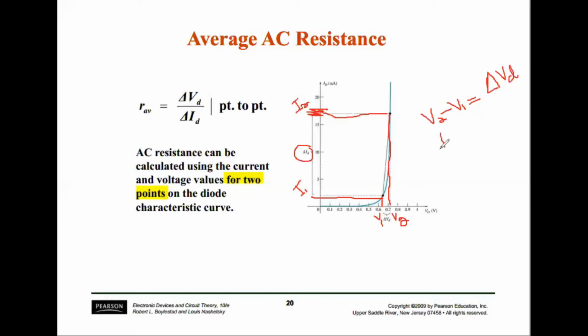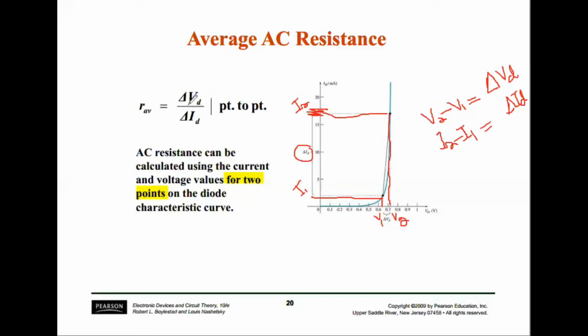Similarly, I2 minus I1 is equal to delta ID.